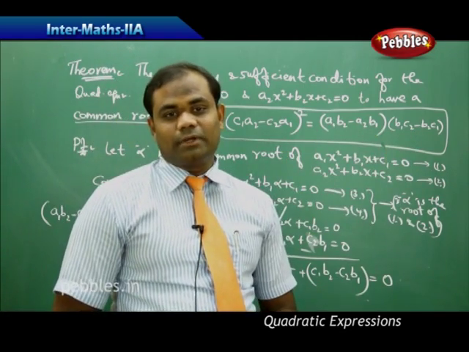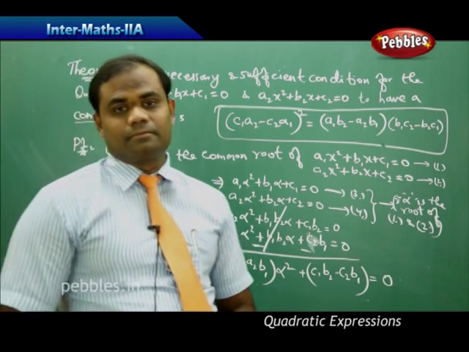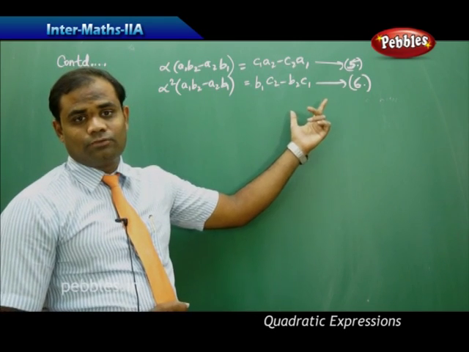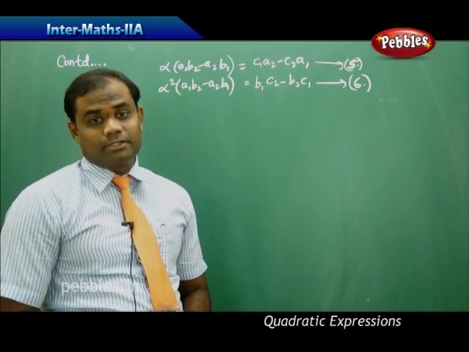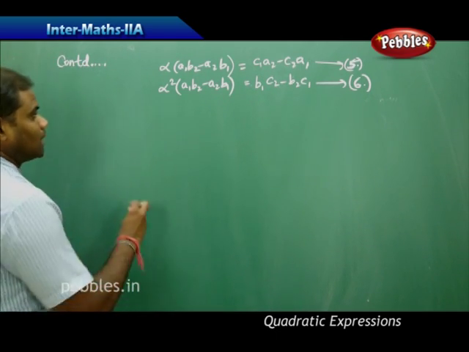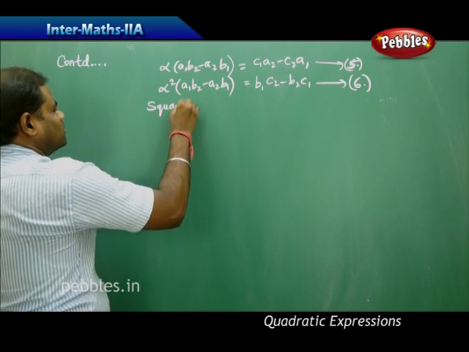Let's see how we can obtain the condition using this. These are the two equations which I have obtained from multiplying equations 3 and 4 respectively and then subtracting. With these two equations, I take equation 5 and square both sides.